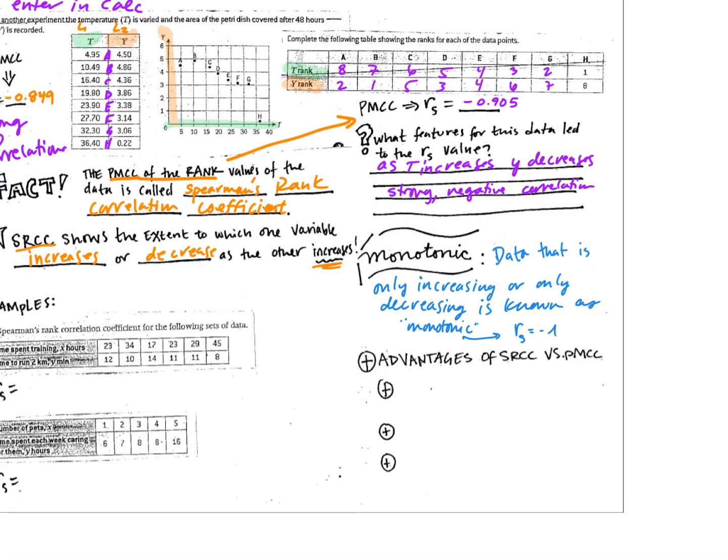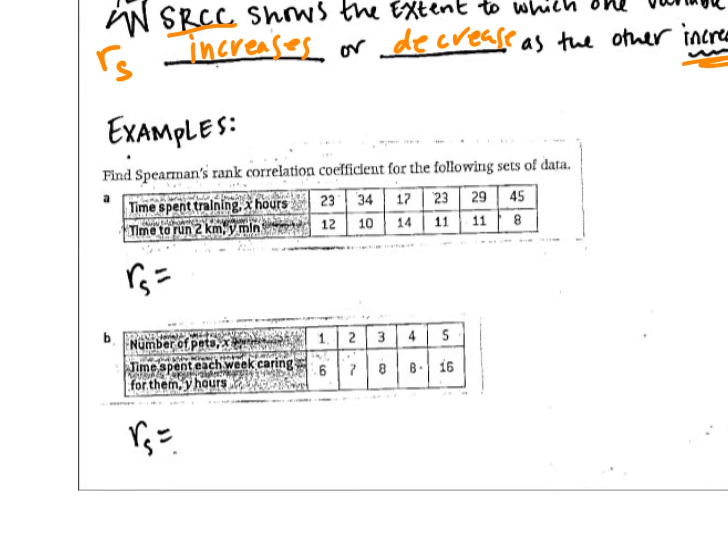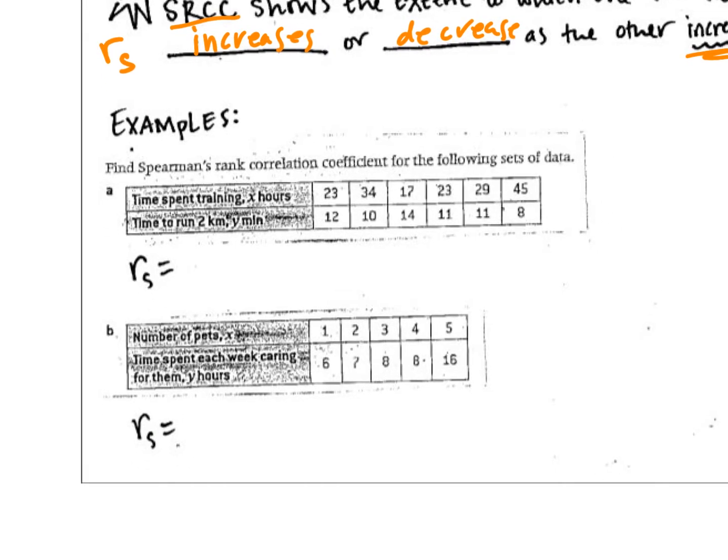Zoom out. We have these two examples and then the advantages. These are examples from your book so that you have the answers. When you put them into your calculator, L1, L2, first you have to rank them. Then calculate.